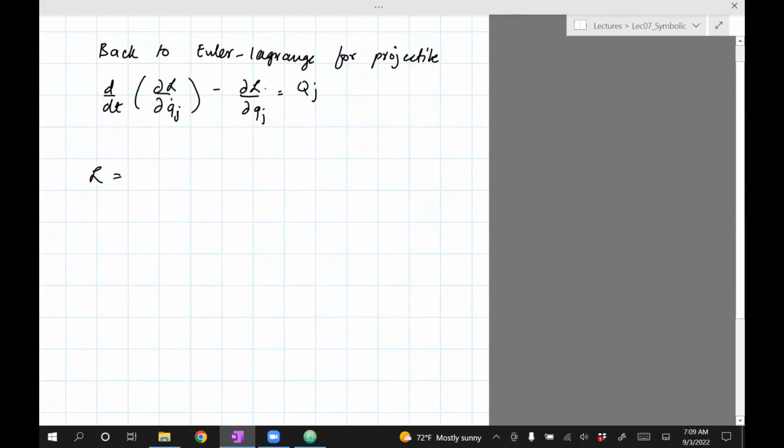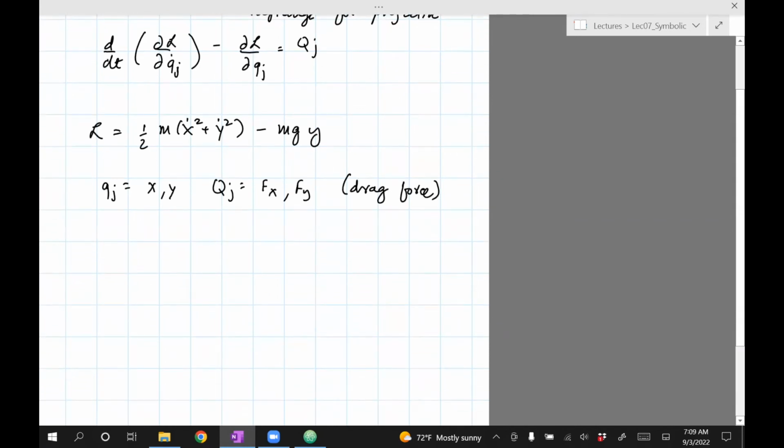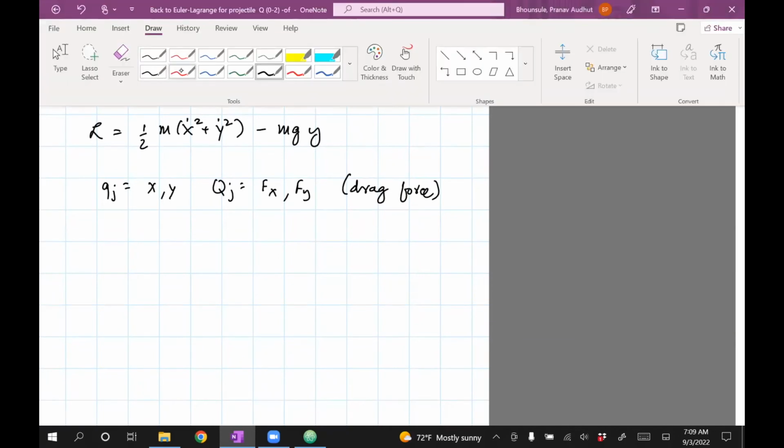Here the Lagrangian is half mass times x dot squared plus y dot squared, minus mgy, and clearly qj is x, y, and then the force was the drag force, Fx, Fy, which are the drag force. So in this case, for the Lagrangian, we can write the following.